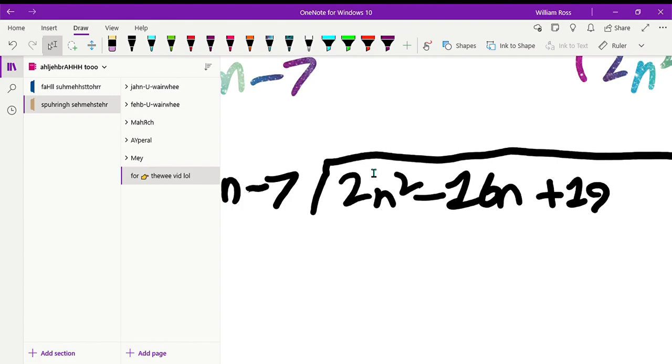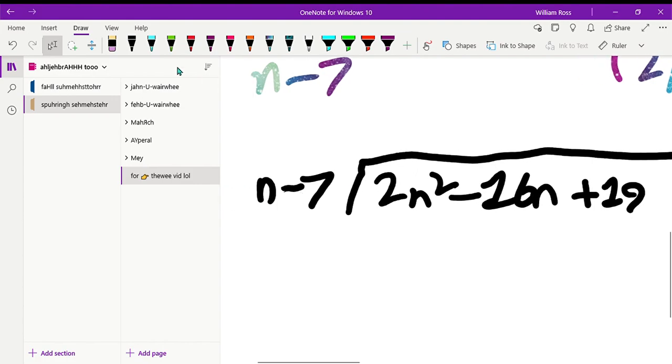So first, what we want to do here is see how many times this goes into that. Same principles here, except it would be the first term, which is n, and n squared. So n goes into n squared 2n times. I guess you can say it like that.